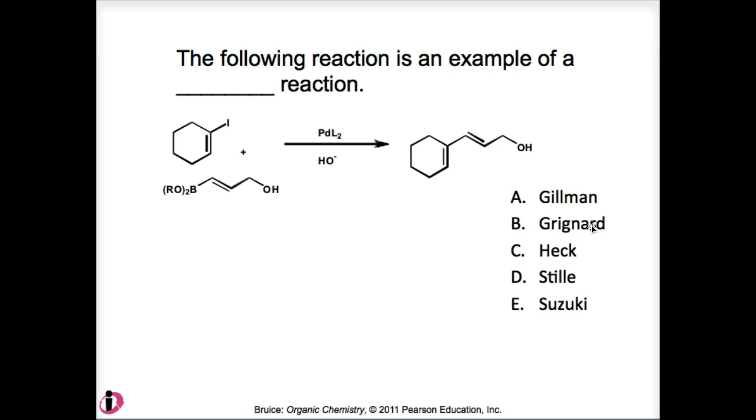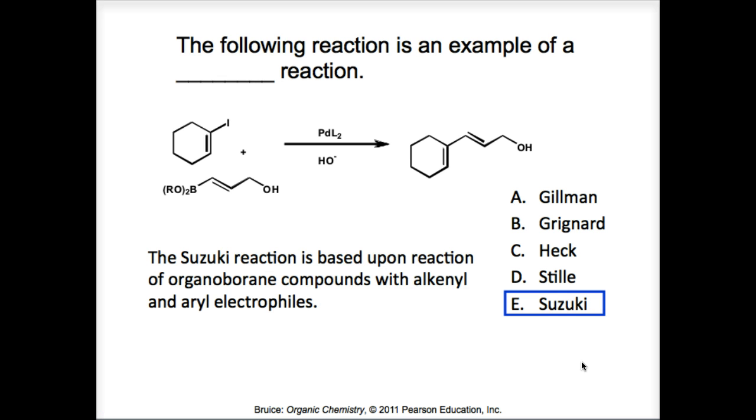The following reaction is an example of what type of reaction? So let's look at this. Pause for a second. Here it is. Of course, this is the Suzuki reaction. You can see that readily.